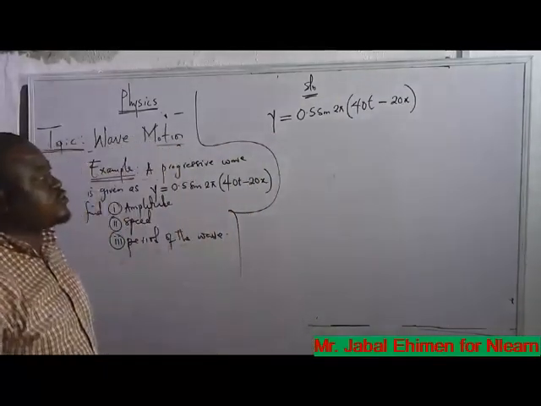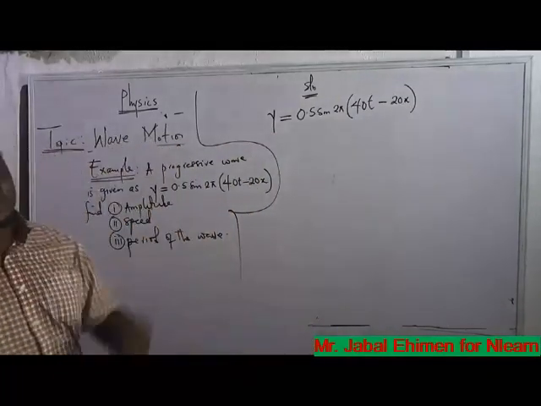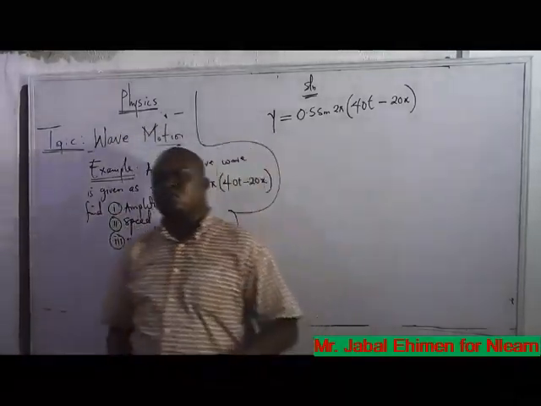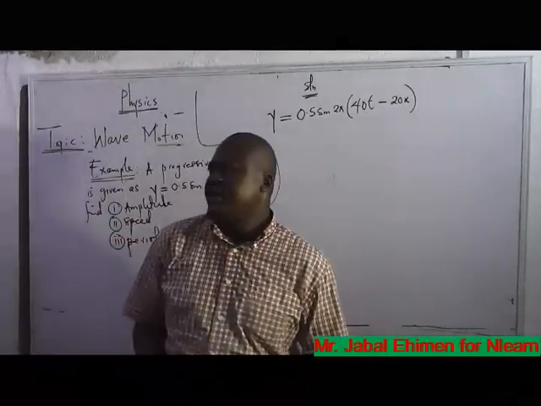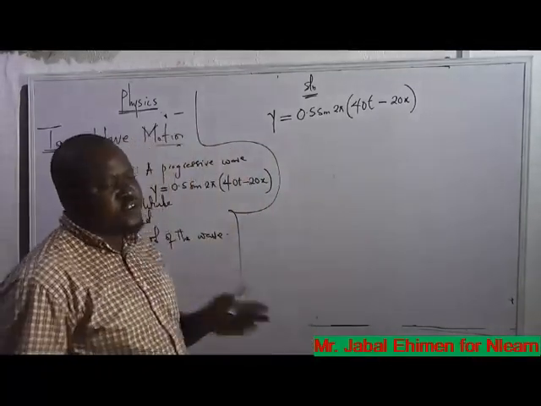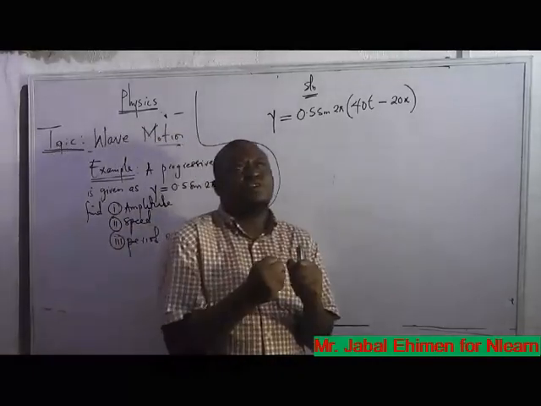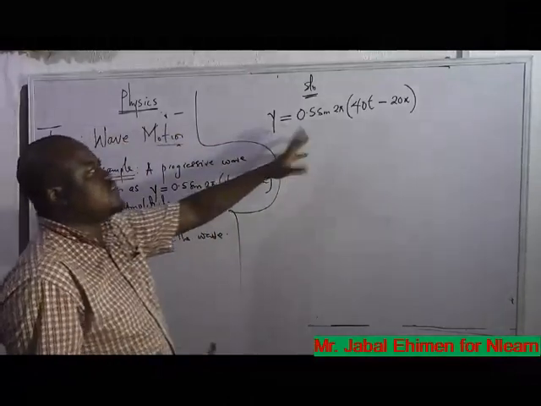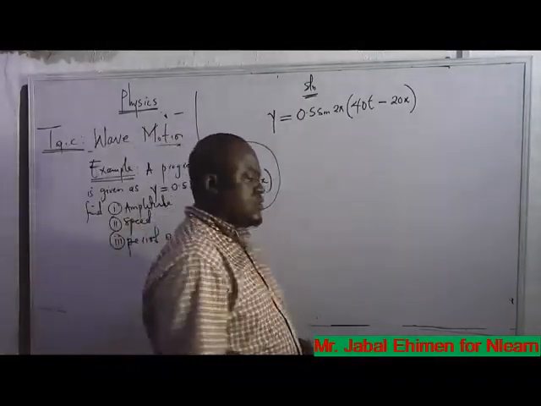Now, the first thing you are going to do is that the equation has been given to you. It's like a reference. After giving you the equation, you think, in the equation of a progressive wave, which of them, I'll take the main one out, can I manipulate to obtain something that looks like this? It's easy.